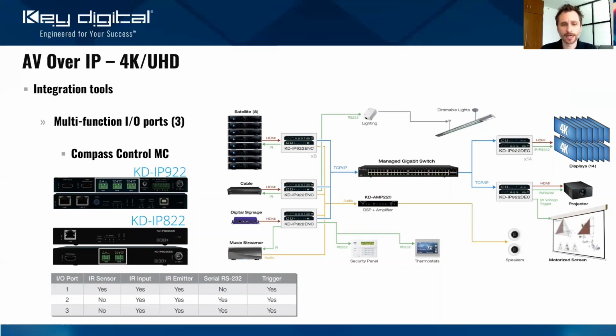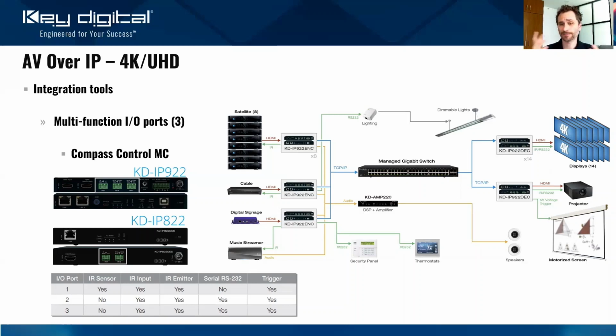So here we see a 10 by 15 AV over IP system. If you have 922s, that's 25 devices times 3 I/O ports. That's a 75-port control system that's already there for you to leverage by utilizing Compass Control Pro.